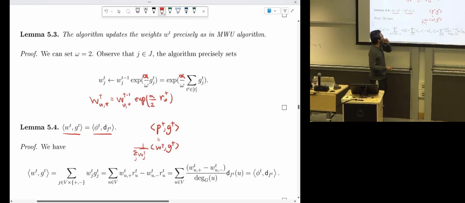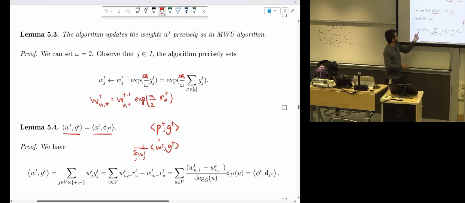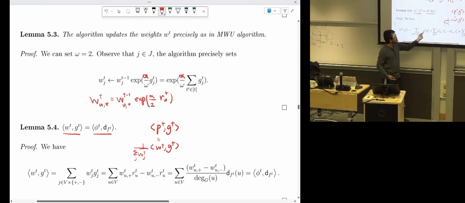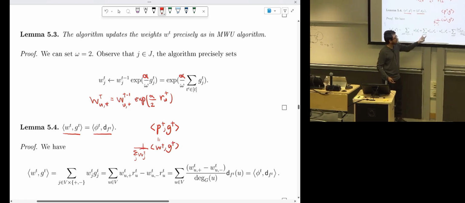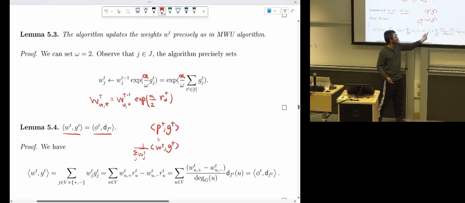We can verify this just by calculation. For the inner product between these two, we sum over all indices J, and this one is the sum over all nodes. For the plus part, we get this one. For the minus part, we get this one because GU minus is the negative of this thing.